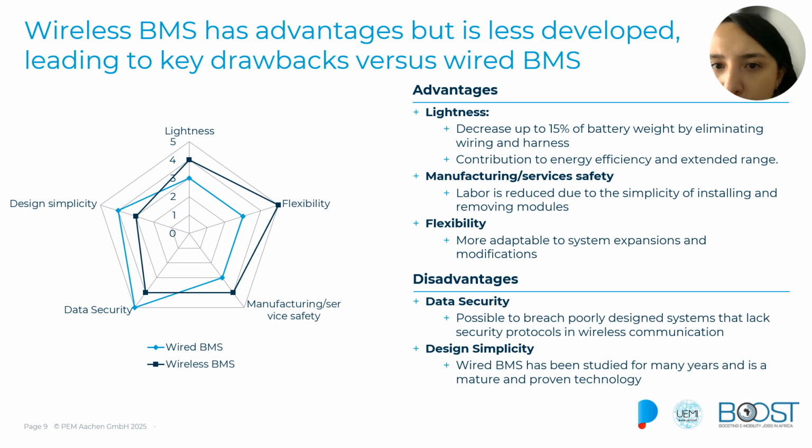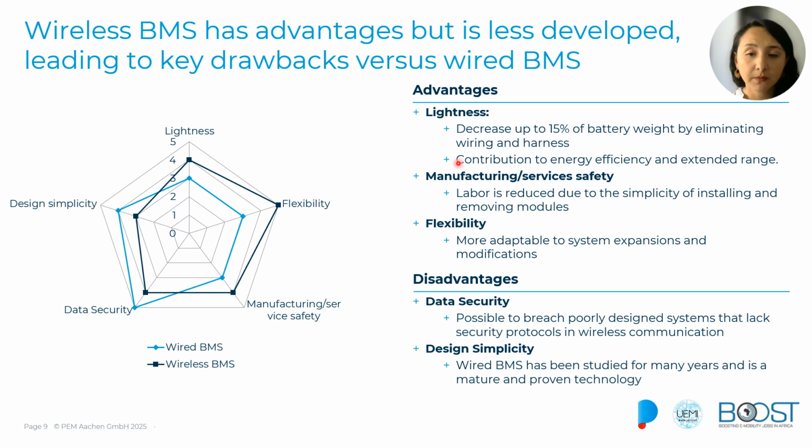So to conclude with this part, let's compare how wireless BMS relates to the more established wired solutions. And let's see what are the different advantages and disadvantages of each of these solutions.